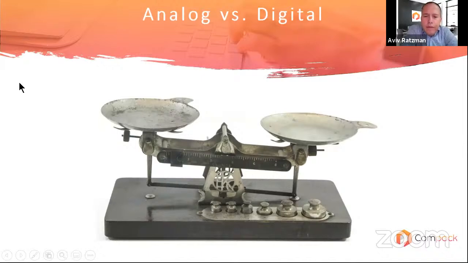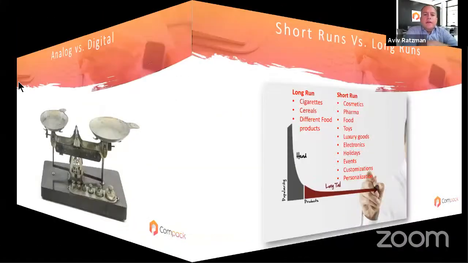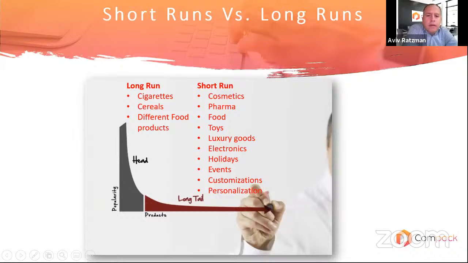So we need to compare analog and digital in the products and the machinery that we have in the market, in order to improve everything that we discussed about the brands. We see here the long tail graph and the differences between short run and long run.